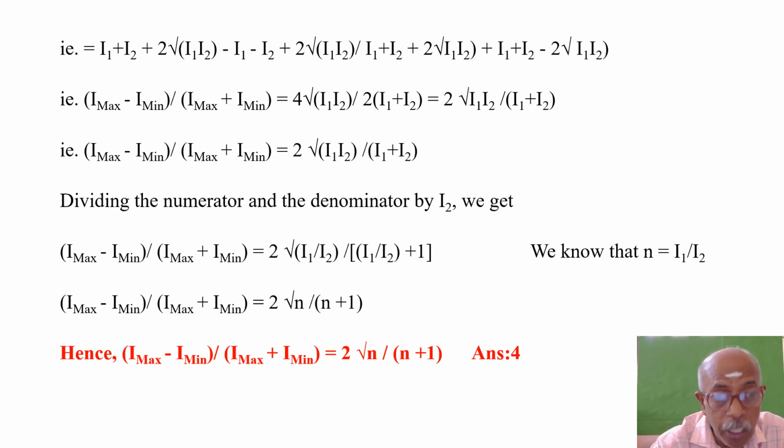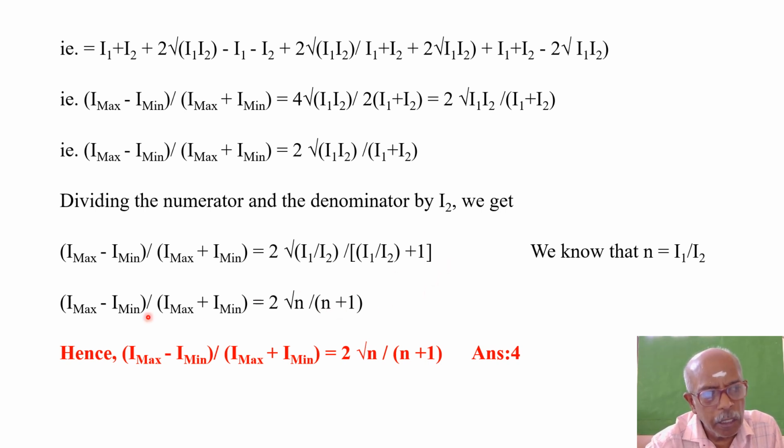You know that it has already been given in the question that the ratio of intensity n is equal to I1 by I2. You can substitute this value in this equation. Imax minus Iminimum by Imax plus Iminimum is equal to 2 into square root of I1 by I2, which is root n, divided by I1 by I2 plus 1, which is n plus 1.